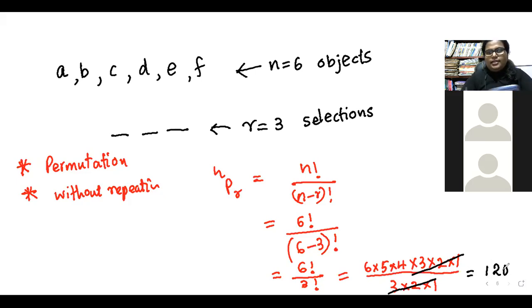You can get the nPr value at once by the calculator. Here we have to take 6P3. අපි ගන්න ඕනේ 6P3 කියන එකනේ, right? For n and r we substitute our values from the question. According to our question, n is 6, r is 3. So we take this as 6P3, right?